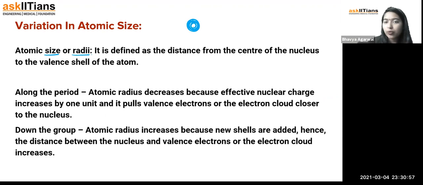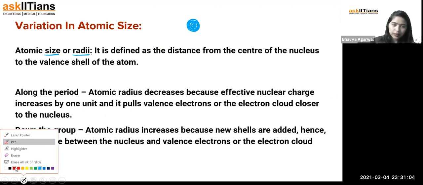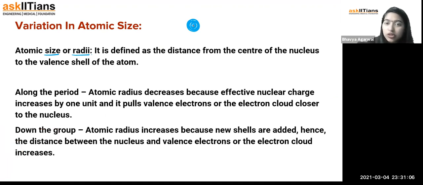Now, when you talk about this atom, which is a sphere, there's a nucleus and there's a valence shell in which the electrons are lying.